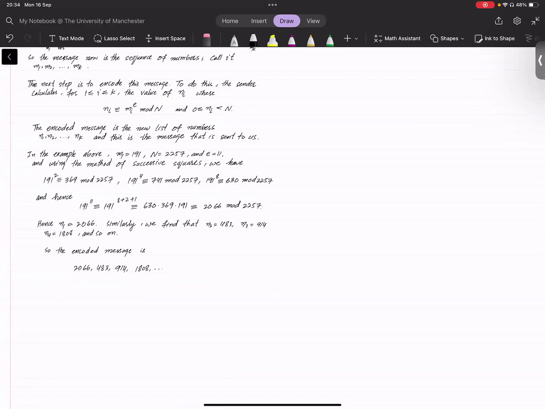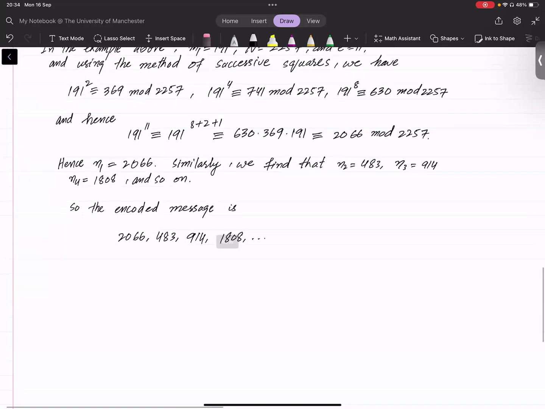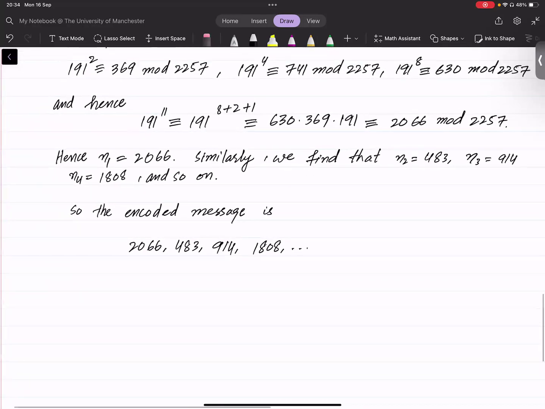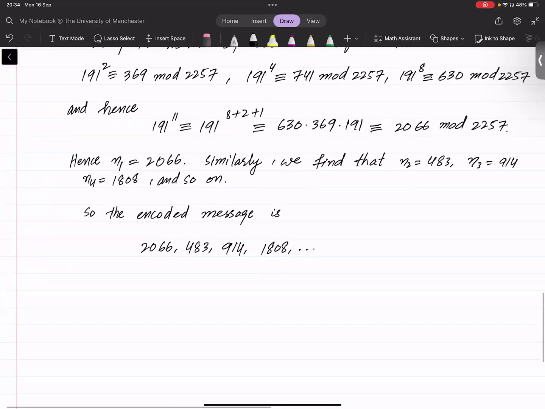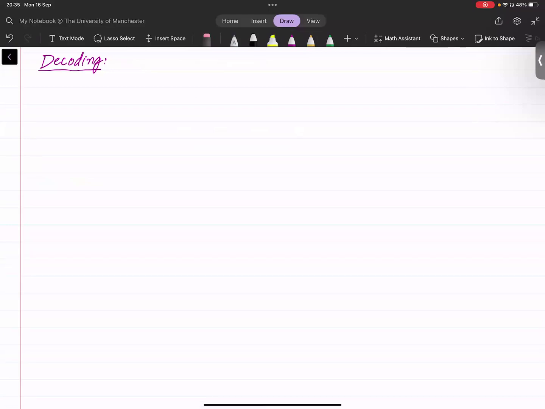Okay, let's try and decode this message now. So now we will do the decoding, which is very important. Once we have received the message, we have to decode it.